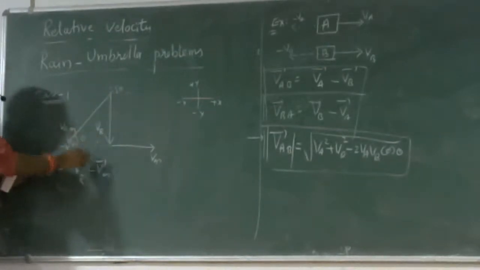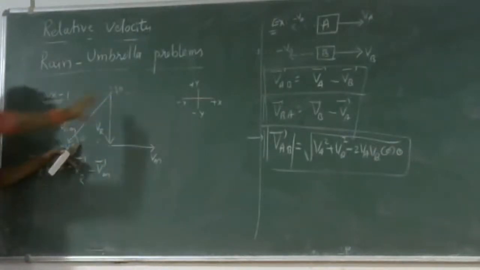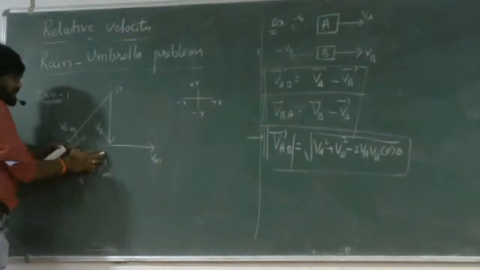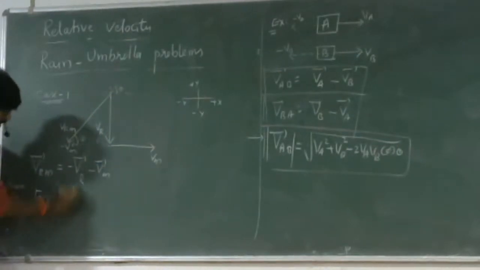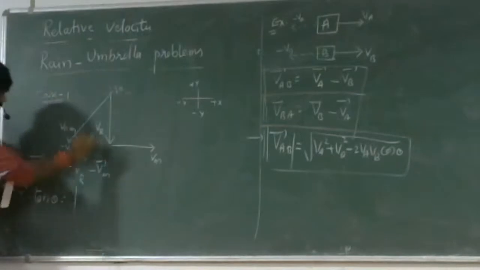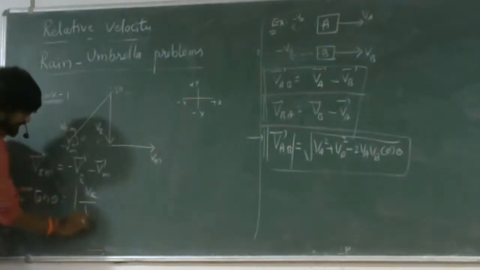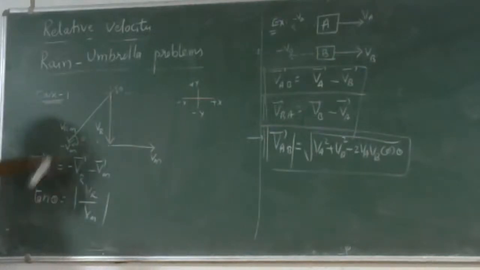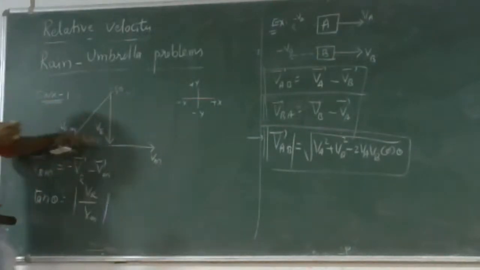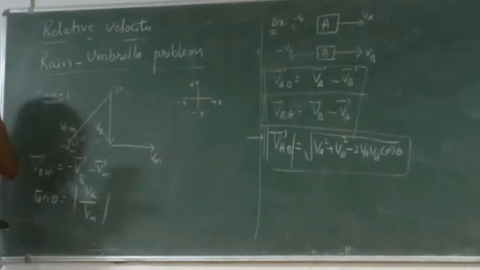As you know, this is Vr, this is minus Vm, then tan theta is equal to opposite side by adjacent side, taking only positive values, modulus of Vr by Vm. This gives you the angle with which you have to hold the umbrella with respect to horizontal.